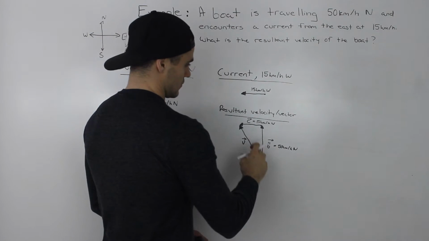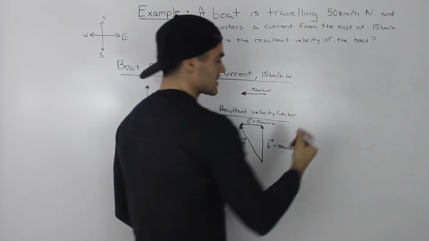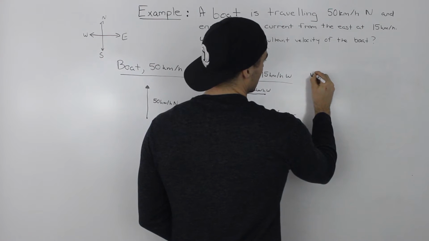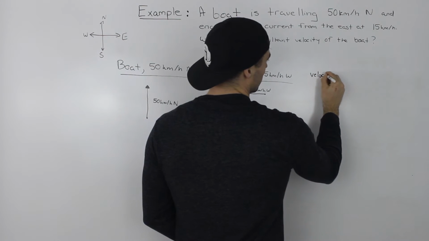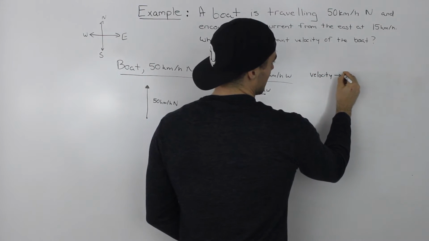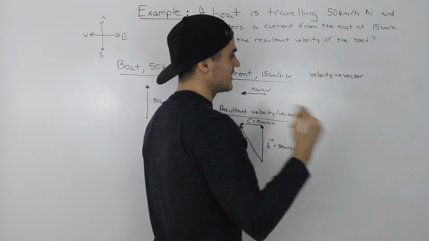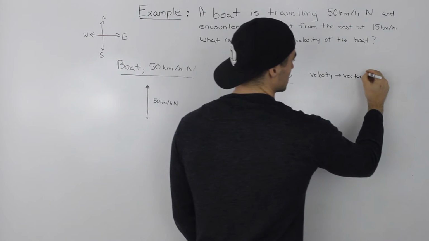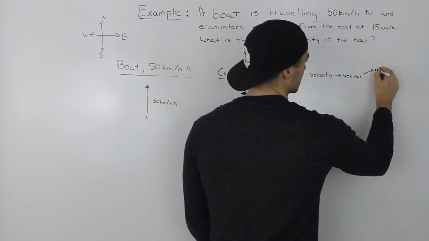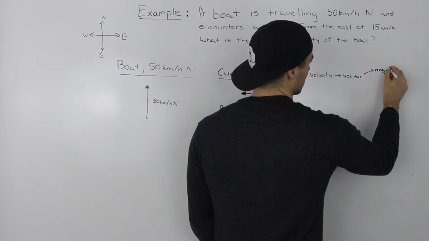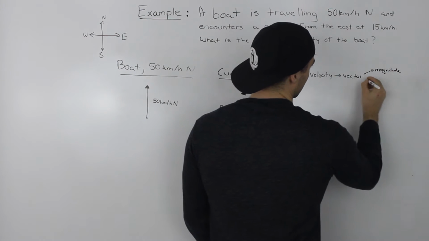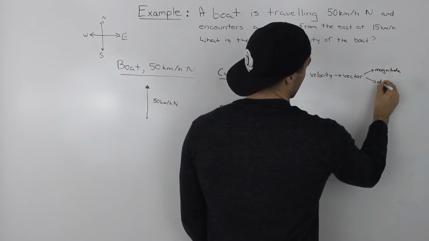So we have to find the resultant velocity. Velocity, if you remember, is a vector, and a vector, if you recall the definition, contains two things: a magnitude and a direction.